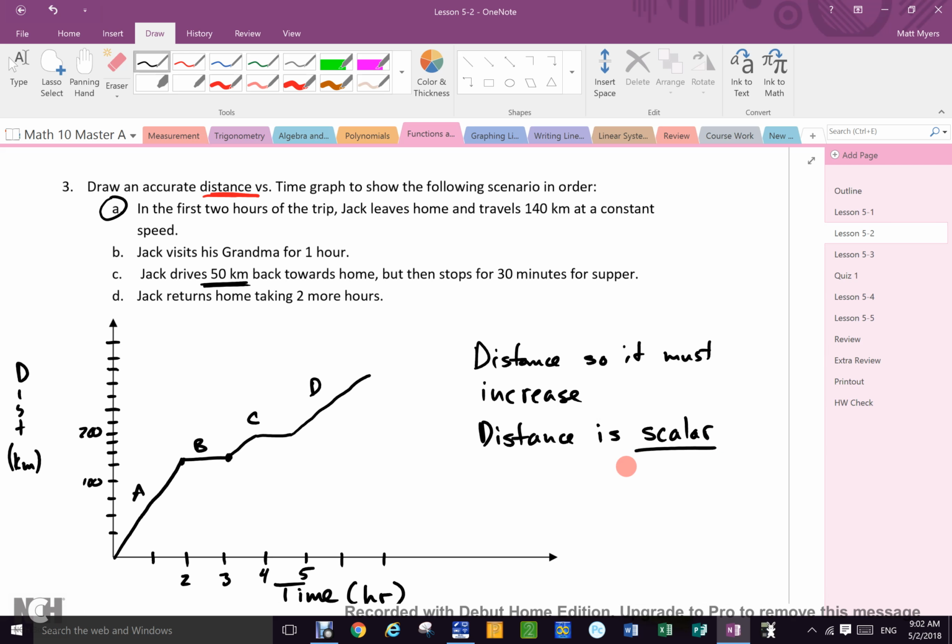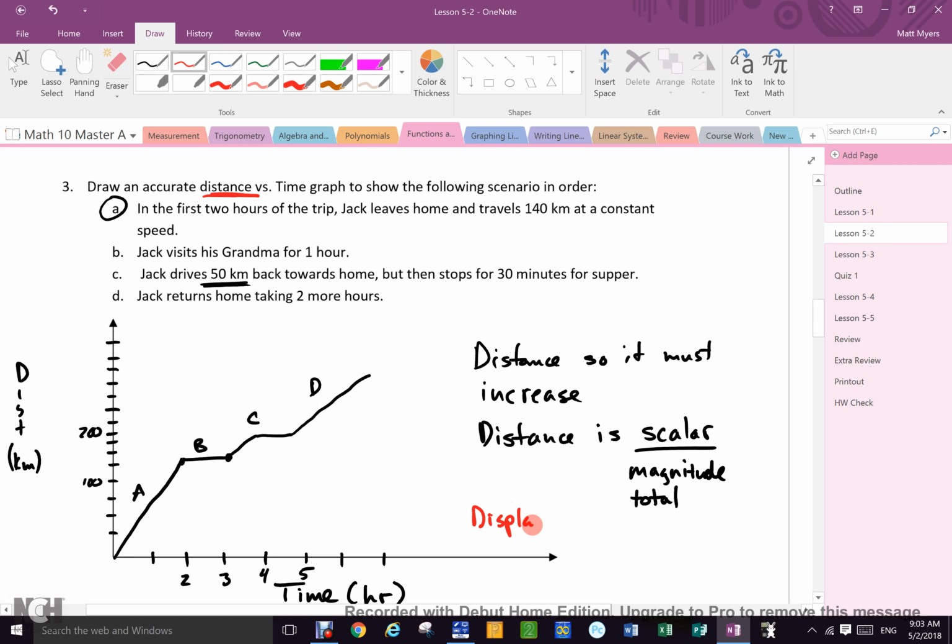It keeps going up, like the odometer in your car. No matter where you drive, that odometer keeps going up, even if you just drive up and down your driveway 100,000 times. Everybody with me? Scalar means it is a magnitude, which is just a total. All right?